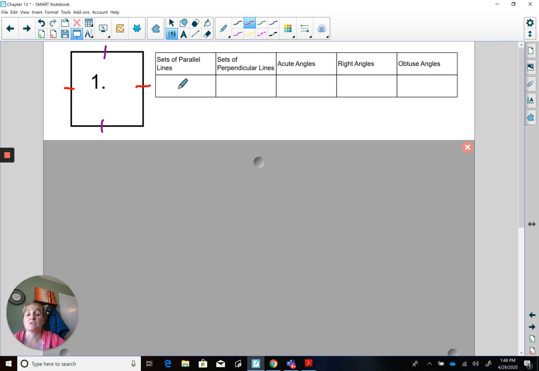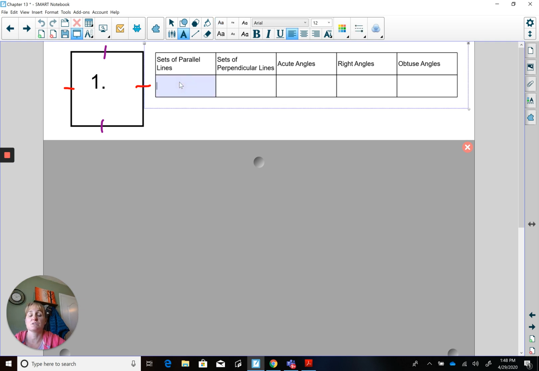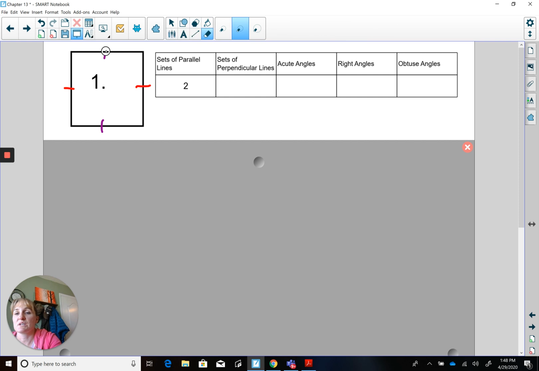So when I look at this as our answer here, we should have how many sets of parallel lines? Well, we should have 2 of them, right? Bam.